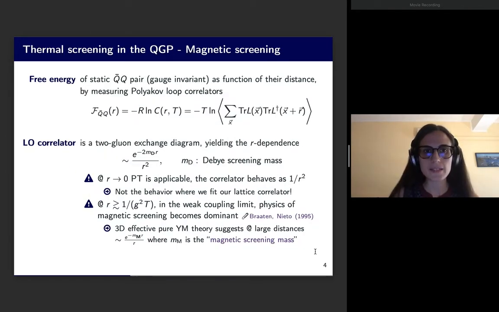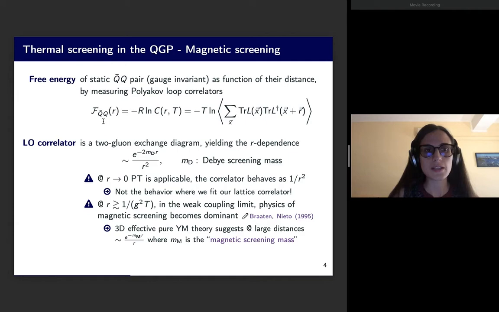So to gain understanding about the screening in a thermal plasma, we might want to think about the free energy of a static quark-antiquark pair as a function of their distance, which is measured through Polyakov loop correlators according to the formula reported on the slide.